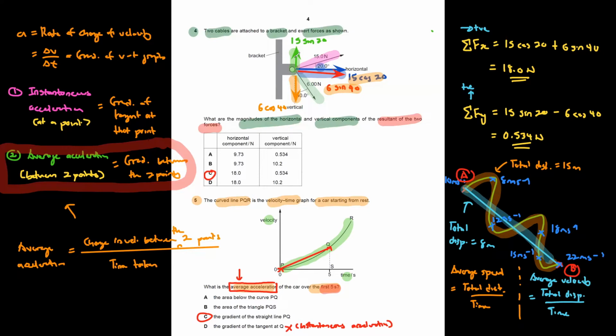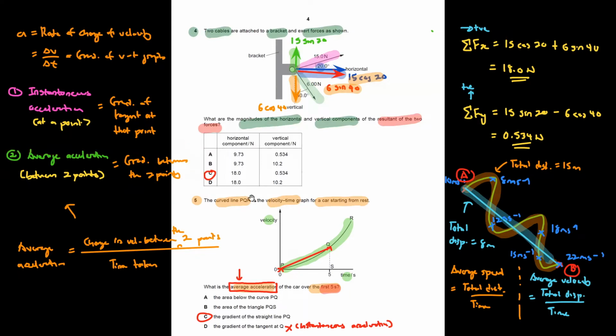Okay, this one here is change in velocity. Let me just write it out better. This is change in velocity between 2 points over time taken, which in turn will give you the gradient between 2 points, if it is in the form of a graph. All right, so that is for this particular question.